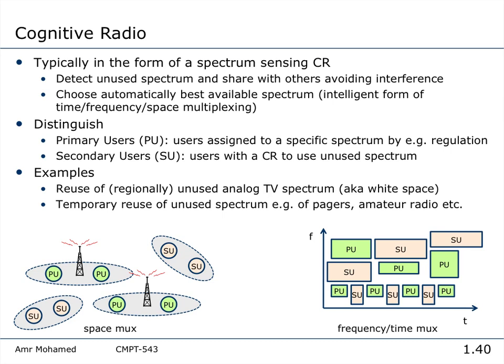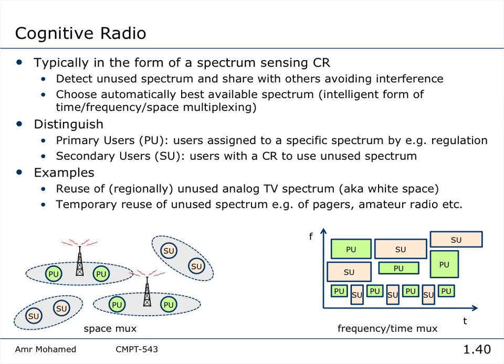Maybe in peak times during the day, the radio is jammed, but at other times the radio is rarely used. So what if we allow secondary users, who did not pay for that spectrum, to be intelligent enough to know that this radio is not used during this time, and they use it unofficially?